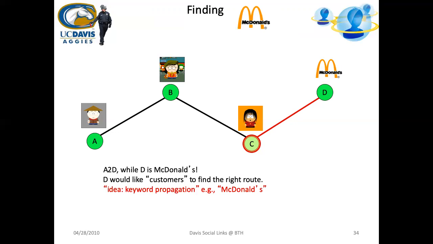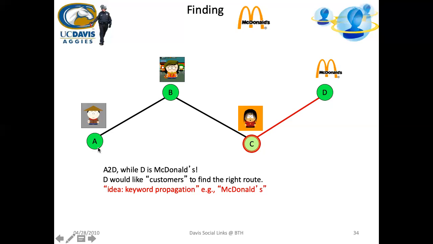If D is indeed a McDonald's, by the way, D might not be one, it might just impersonate a McDonald's. Potentially D can propagate to C, saying, hey, I'm a McDonald's, a little bit like BGP. And C will connect to B saying, hey, I have a McDonald's on the other side of my node. Then B propagates to A, saying, hey, I have a McDonald's this way.